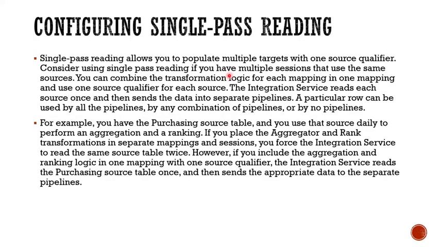So here, about configuring single pass reading, there is some partitioning part. Single pass reading allows you to populate multiple targets with one source qualifier. Consider using single pass reading if you have multiple sessions that use the same source.